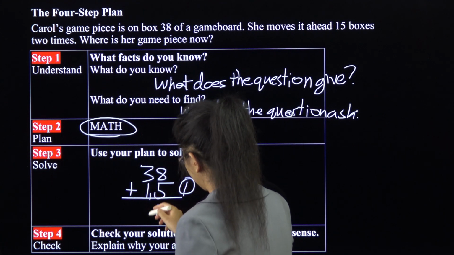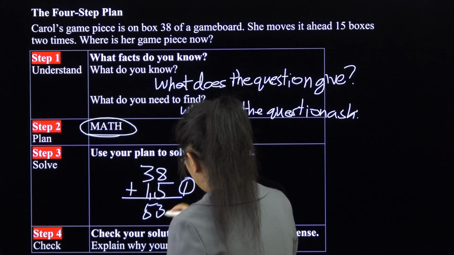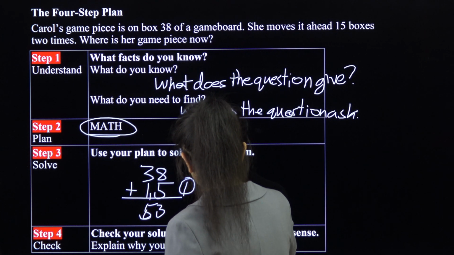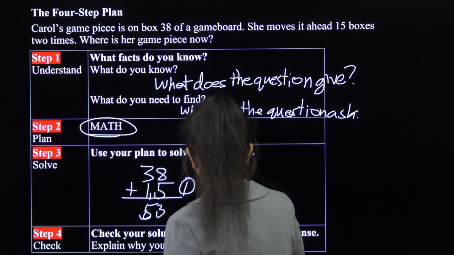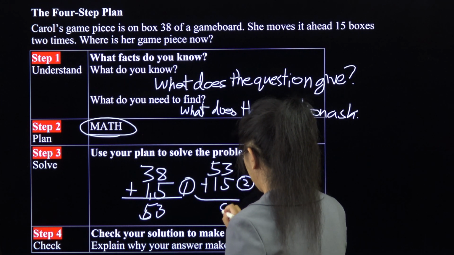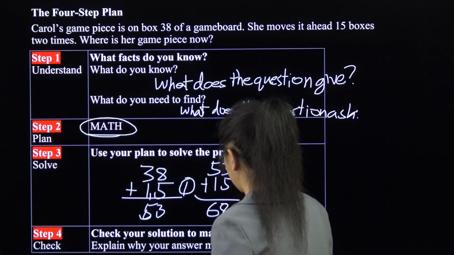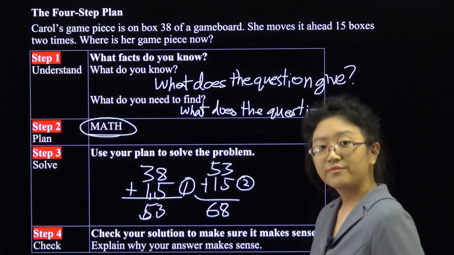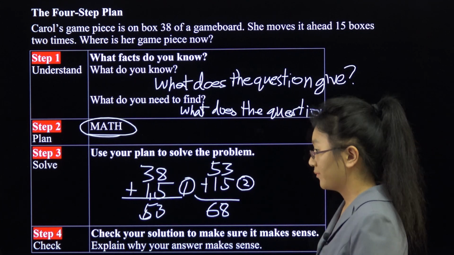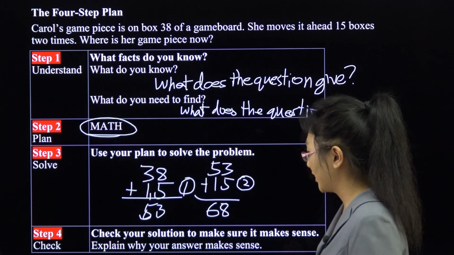Regroup. 3 plus 1 plus 1, 5. That's a 5, guys. And then that plus 15 again, which is a second time. And we get 3 plus 5, 8. 5 plus 1, 6. 68. She is now on the 68th square. Her game piece is now on the 68th square.